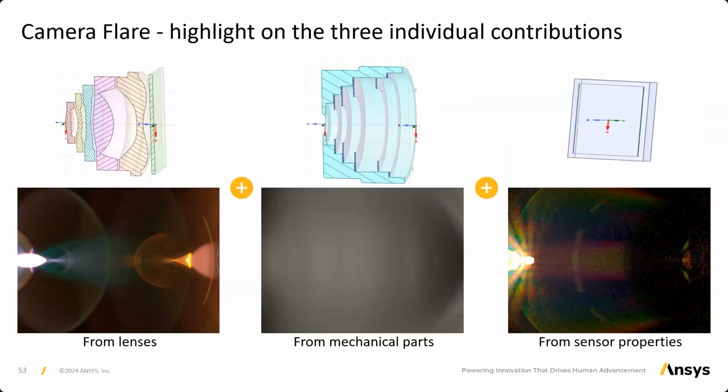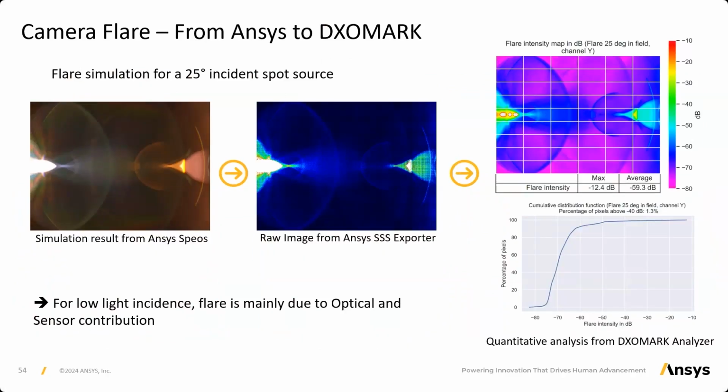So here we have three examples, one example of each contribution, that are added to get the final result. Here it's the result for 25 degrees of incidence. So the spot is inside the field of view of the camera.